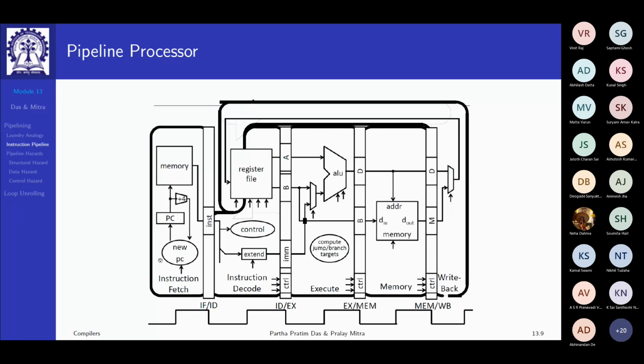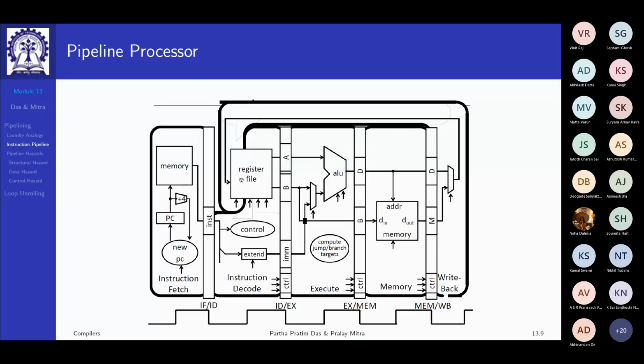Since we want every stage to be busy, once you are done with one stage, you would like to put another instruction into that stage. So typically between stages, you will have some latch or buffer to keep the result of the earlier instruction, which you can push on as input to the next stage. This is a very simplistic view.